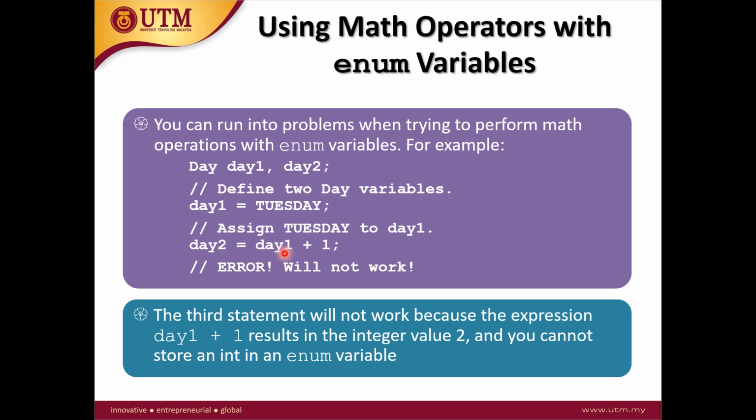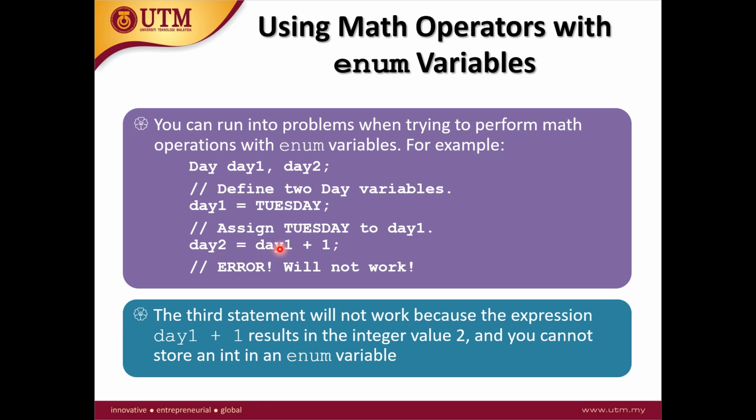which we can't use. You can't store an integer value in a variable whose data type is enumerator. We need to store a string value, which is actually not a string, but what is called an identifier, and it's going to be converted to an integer by the compiler.